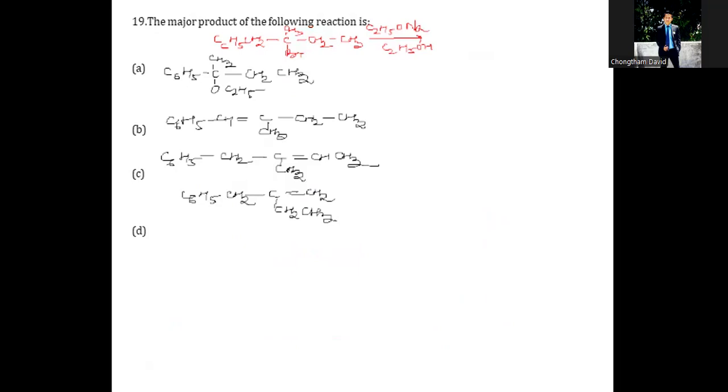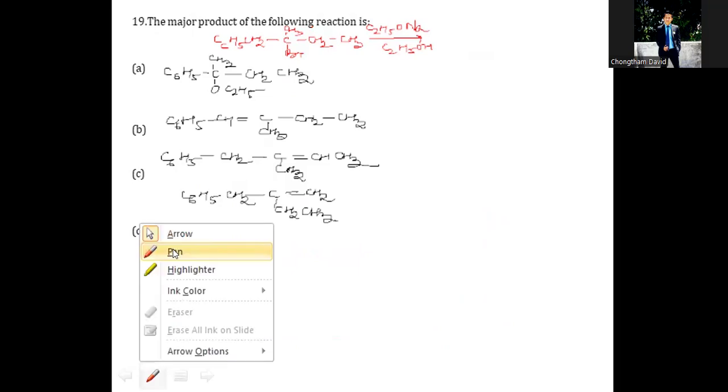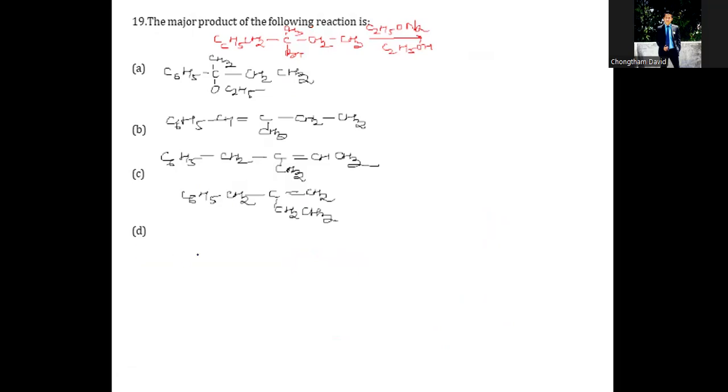Question number 19, the major product of the following reaction is. Let us rewrite the reaction. Now you have this compound, methyl phenyl part here.